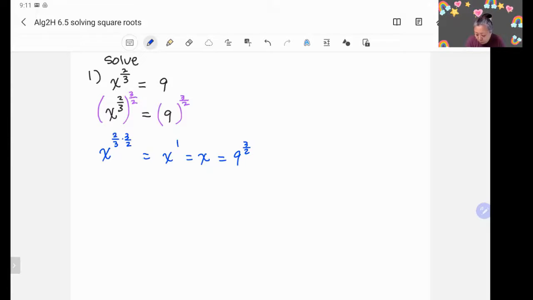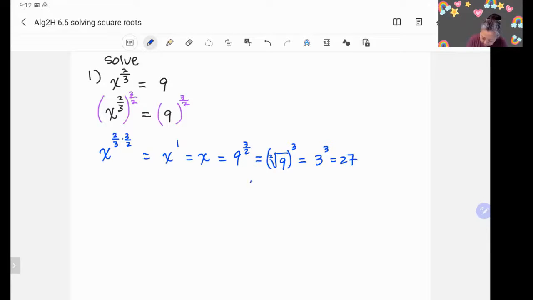For rational exponents, the denominator of the exponent makes the index of the radical. So this is the square root of 9 raised to the power of 3. Inside the parentheses, the square root of 9 is 3, raised to the power of 3 is 27.